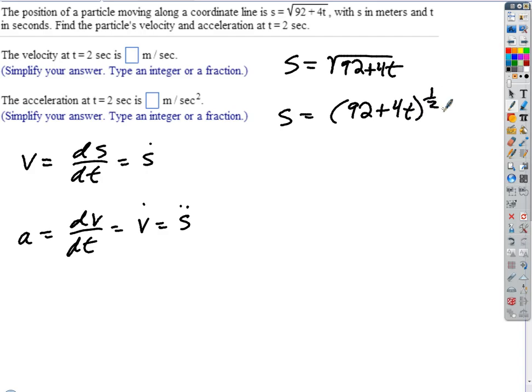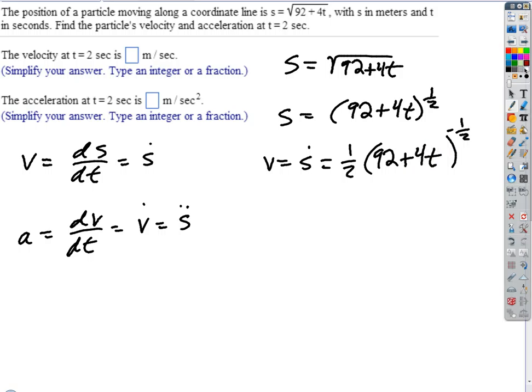Okay, and so it's just a matter of doing the derivative twice. Now it is going to get a little bit uglier when you take the second derivative. Let's go through this one. So v then equals s dot. This is the chain rule, right? Outermost layer is the 1/2 power. Good. So we get 1/2 times the inside to the negative 1/2. What's the inside? Well, 92 plus 4t.